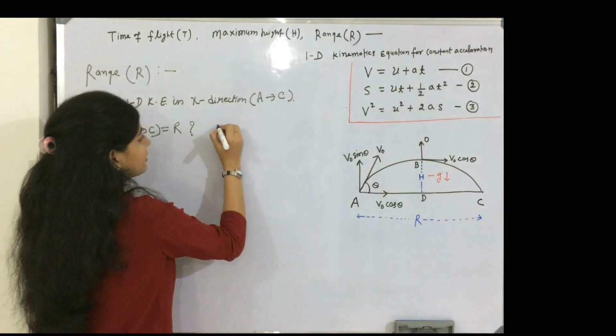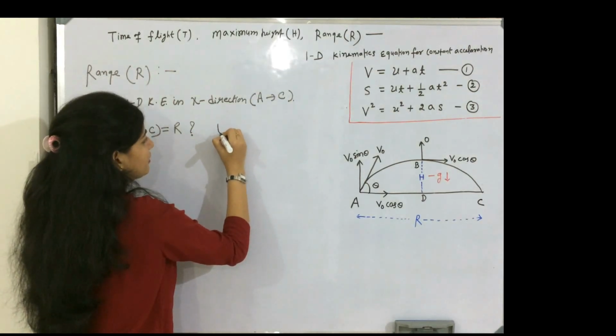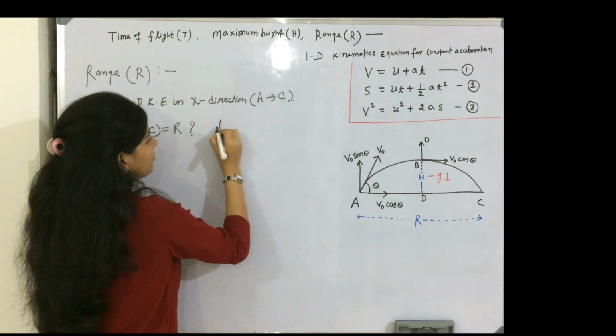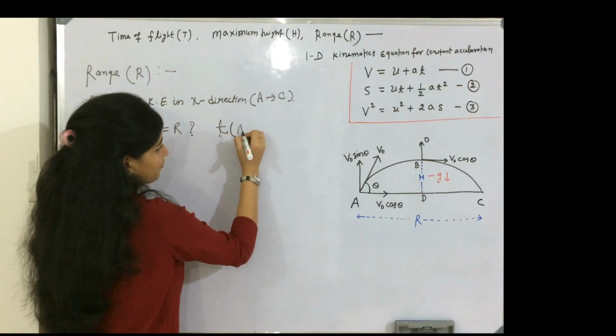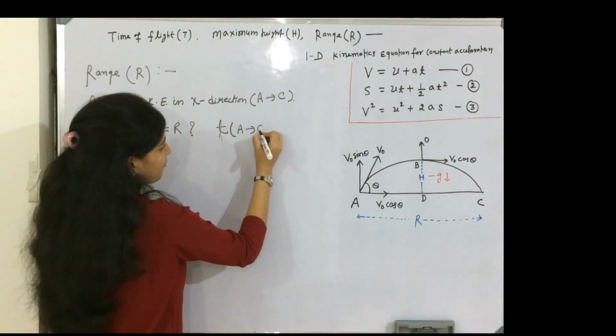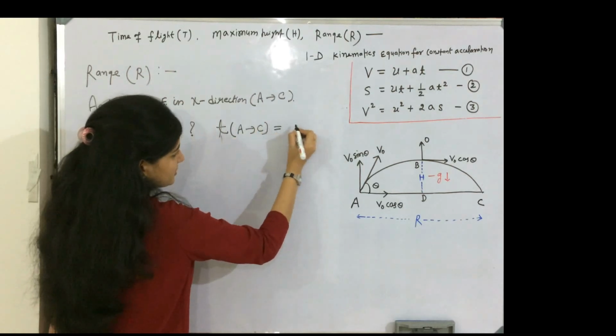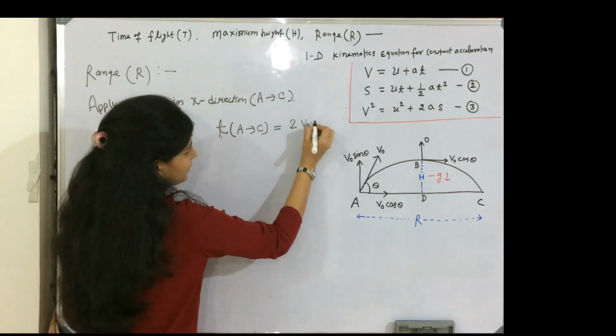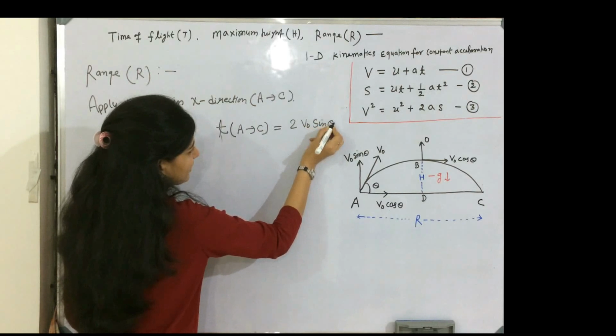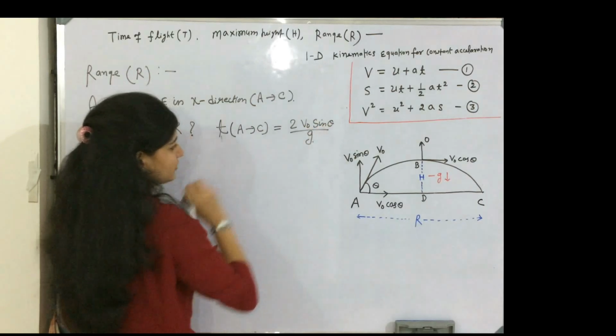Now we are having the time of flight from initial point A to final point C, which is equal to 2V0 sin theta by g.